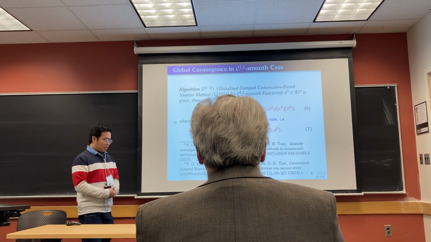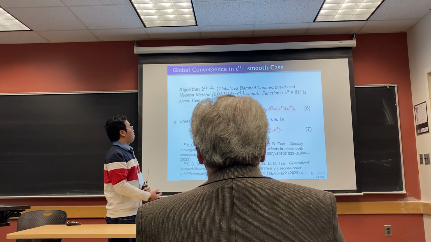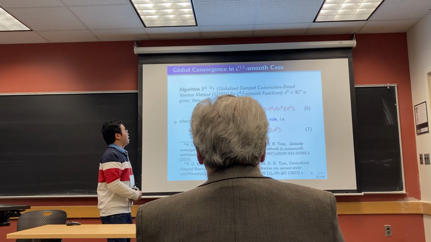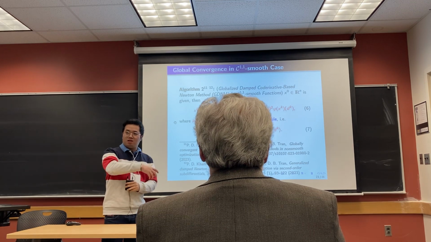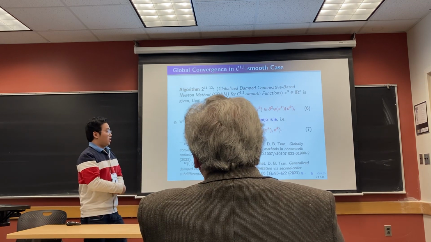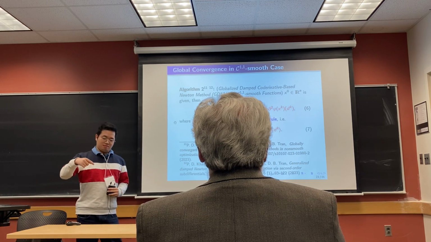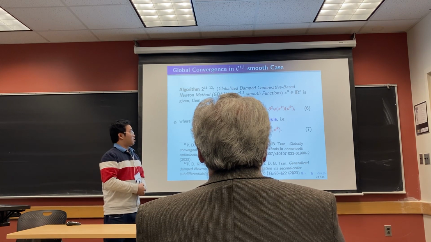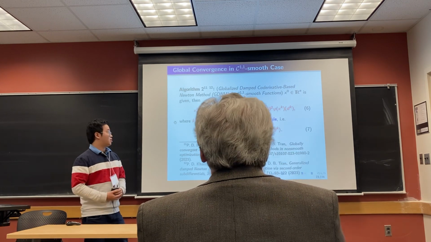Okay. The next question is how to guarantee the global convergence of our Newton method. Here is the algorithm to get the global convergence. As you know, the Newton method has only local convergence. So if we want to get global convergence, we need a line search strategy.